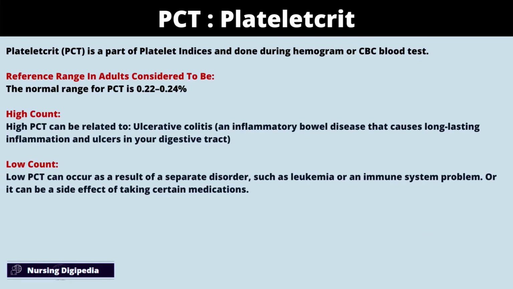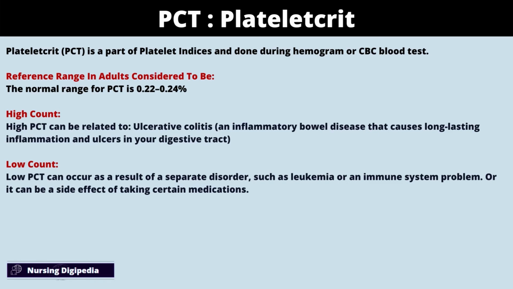PCT stands for plateletcrit. It is a part of platelet indices and done during hemogram or CBC blood test. Normal range in adults is considered to be 0.22 to 0.24%.